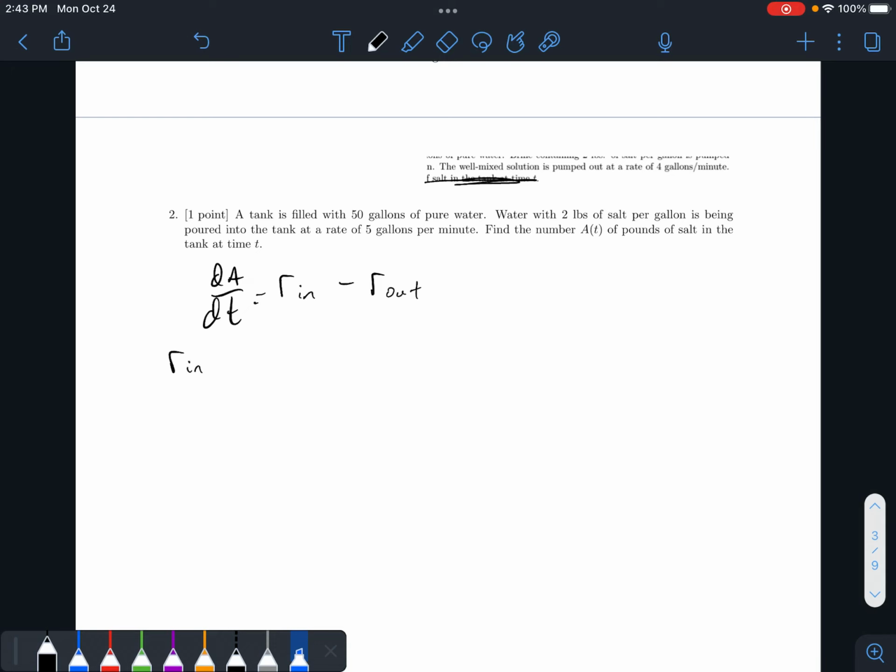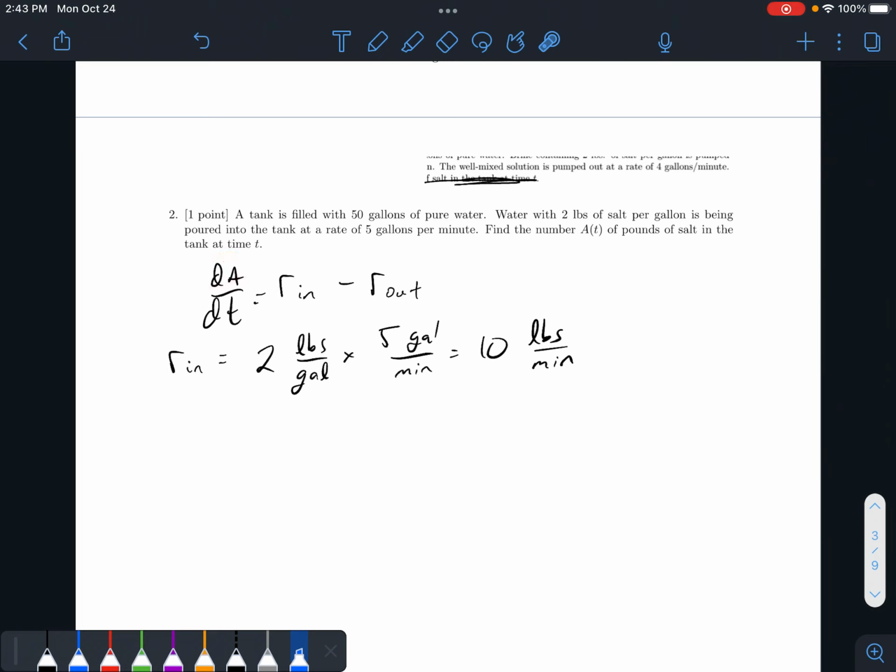All right. So what is the rate at which salt is added in? This one's more straightforward. So we're adding 2 pounds per gallon at a rate of 5 gallons per minute. So this is 10 pounds of salt per minute.